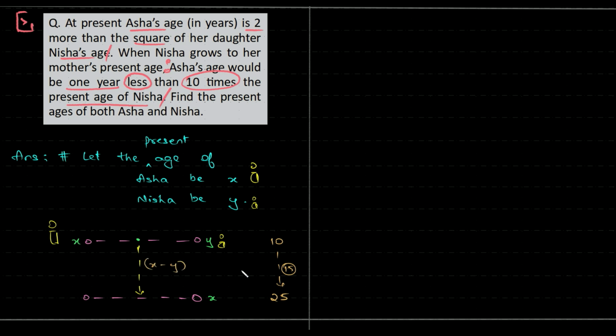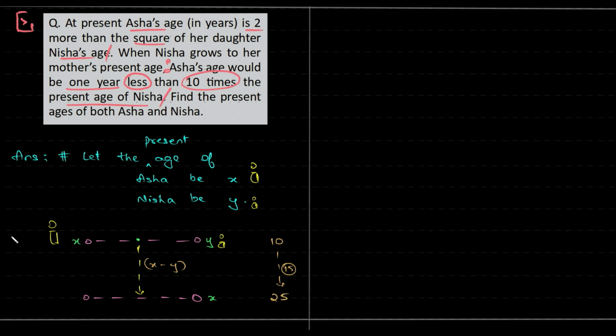Again, if the present age is 10 and she turns out to be 25, the age gap would be 15. Similarly, with Y and X, we have X minus Y as the difference between these years. Now on to figuring out the mother's future age.